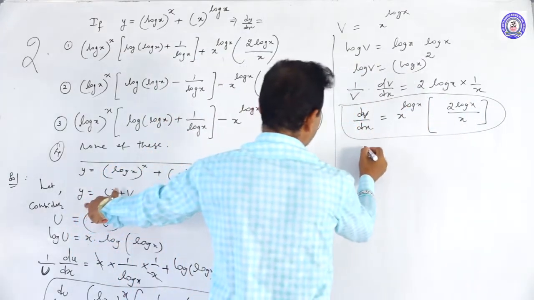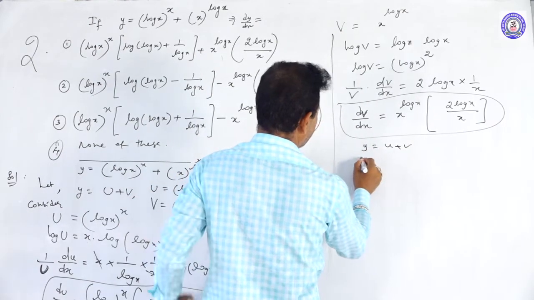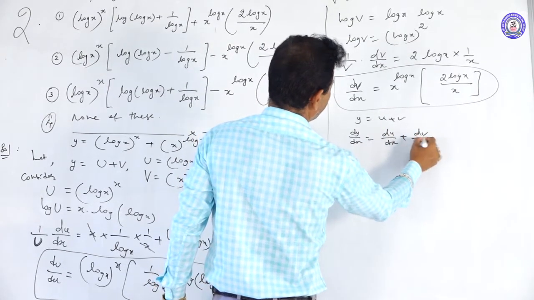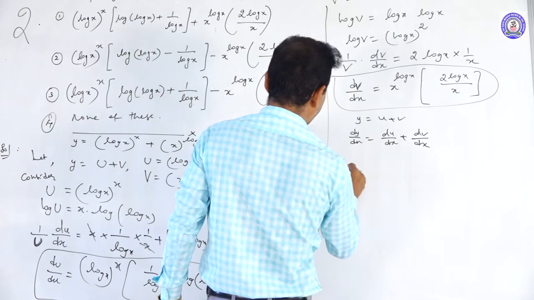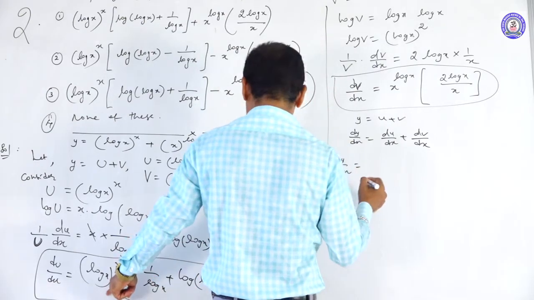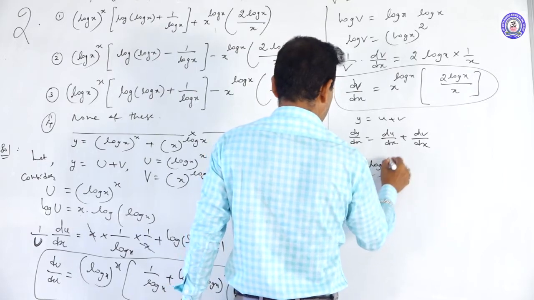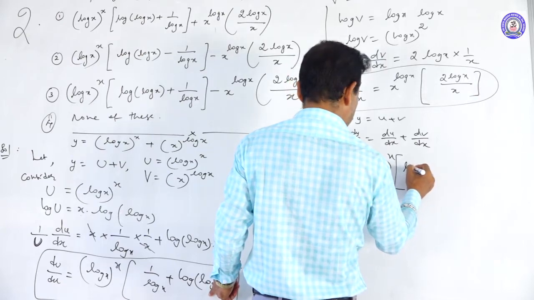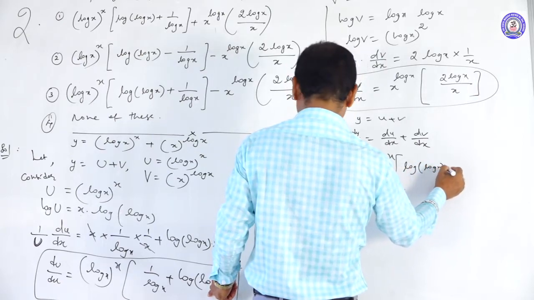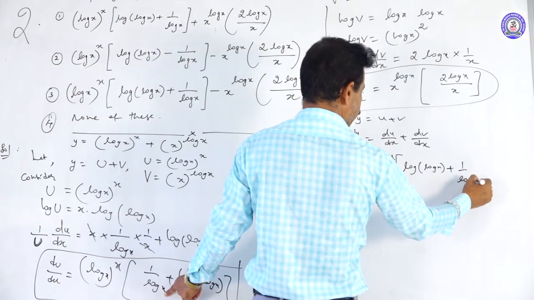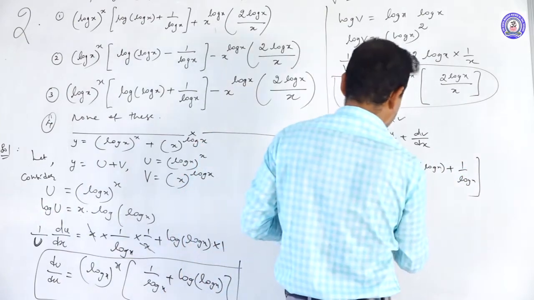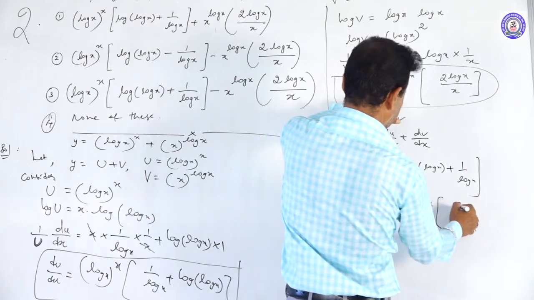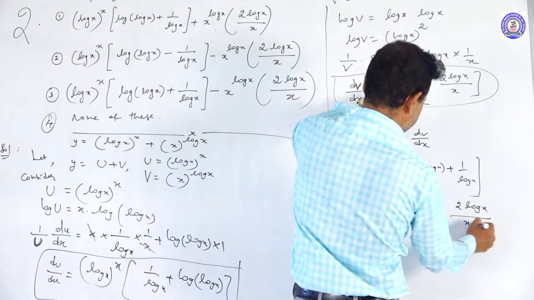So here y is equal to u plus v. dy by dx is equal to du by dx plus dv by dx. So finally dy by dx is equal to du by dx, which is (log x) power of x, and here log of log x plus 1 by log x, second term plus x power log x, it is 2 log x by x.